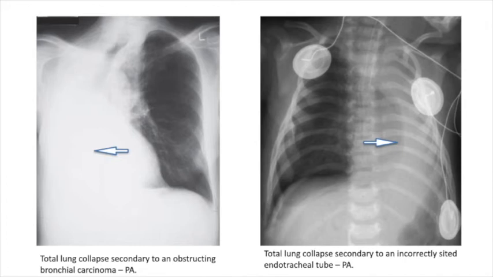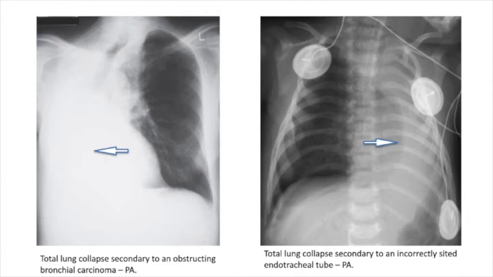It's secondary to a complete obstruction of the right bronchus due to carcinoma. So it is a complete obstruction of this big main bronchus. There is no air flowing in or out, and the lung collapses.